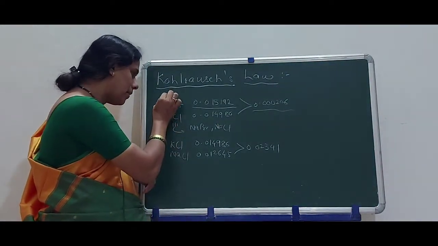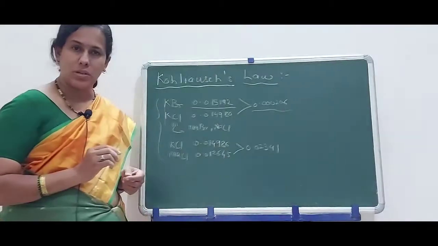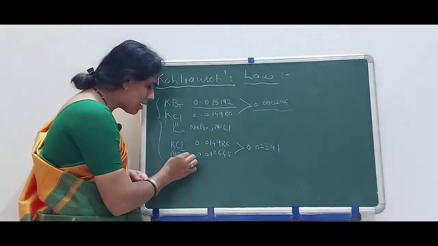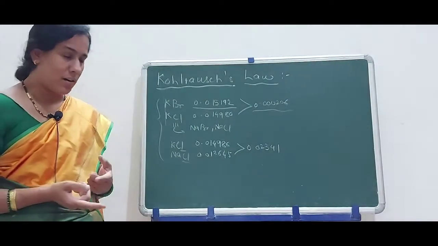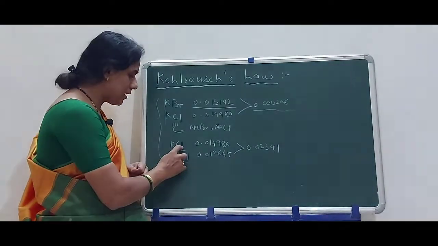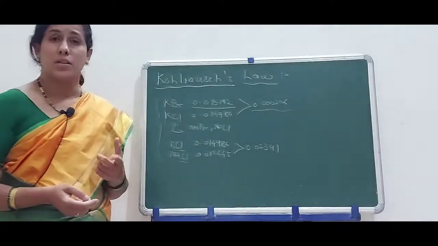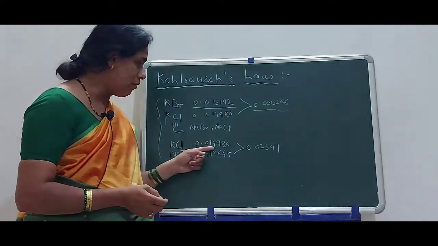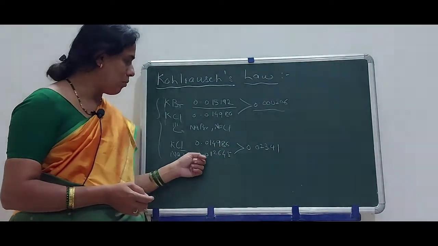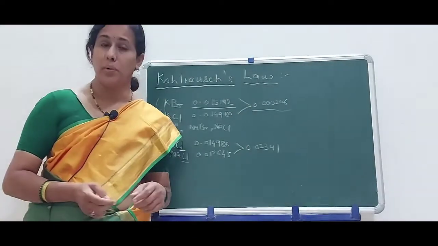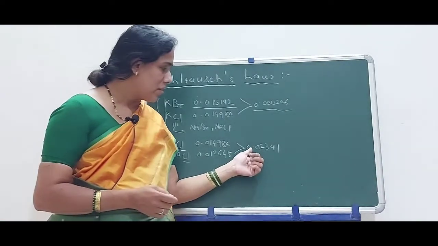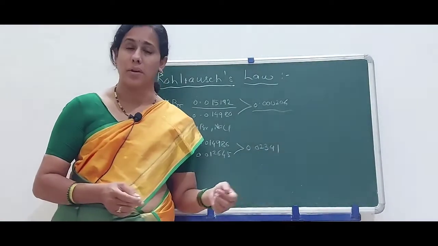Also, when we keep the anions the same and the cations are different, what happens? By taking KCl and NaCl as strong electrolytes, we get the equivalent conductivity as 0.01496 and 0.012645, and this difference is 0.02341.